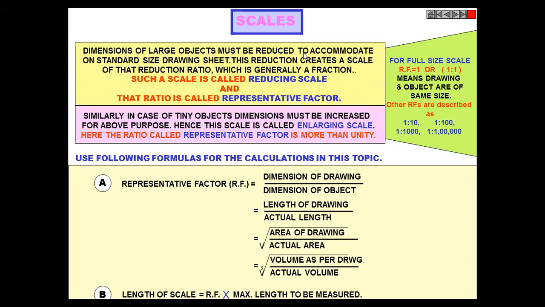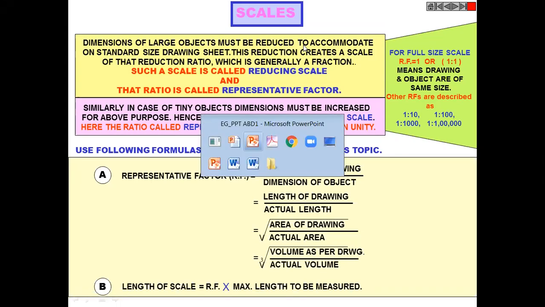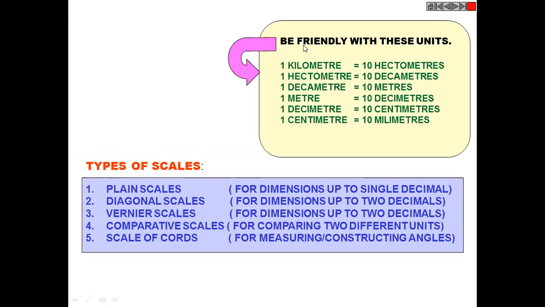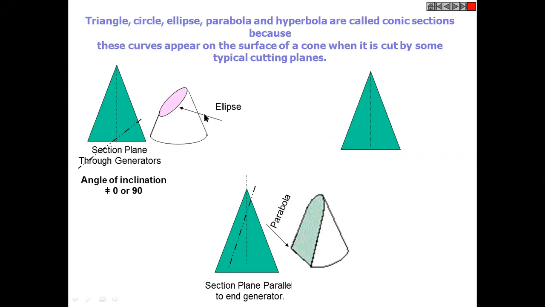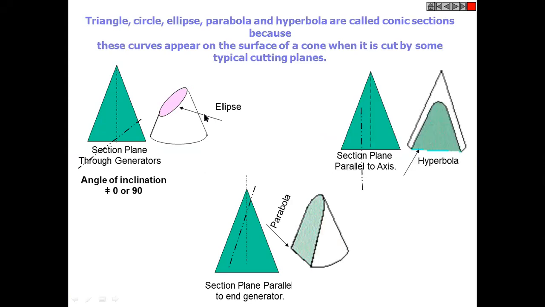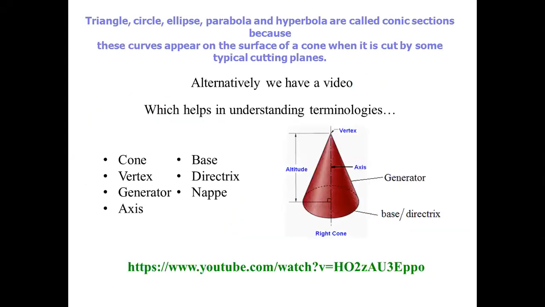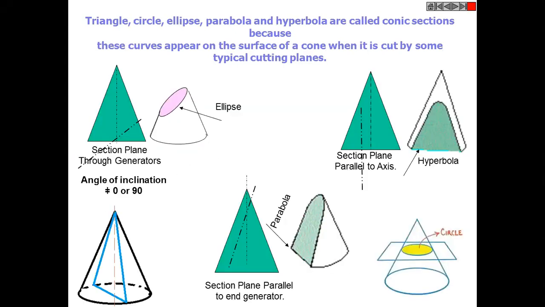Then we saw why these curves are called conics, and how to generate them from a right circular cone: ellipse, hyperbola, parabola, and two special cases of these conics, such as triangle and circle.